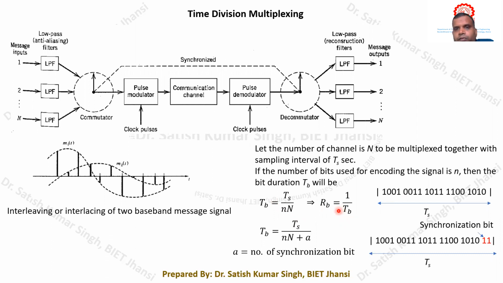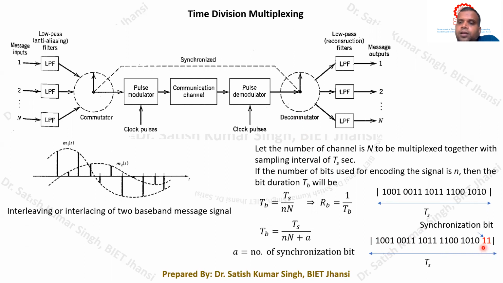Now, as I said, the commutator and the decommutator should be synchronized. To achieve this synchronization, we generally add some extra bits at the end of each frame. Suppose this was the frame; we add a certain number of bits at the end of the frame.